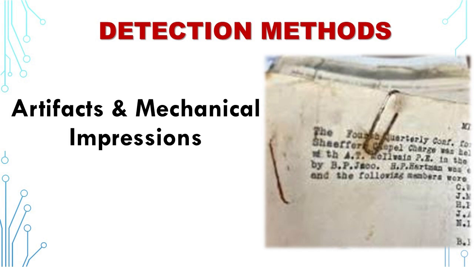So if you check the type of paper clips or staples or binding that were used, if it doesn't match the purported time of creation of the document, then it's a pointer to the fact that something is definitely wrong.